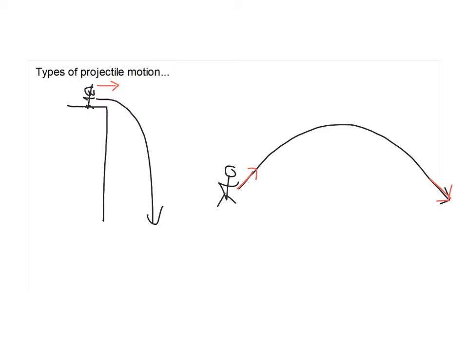When we're talking about this type of motion, my initial y velocity is 0, whereas when we're talking about the throwing type, my initial y velocity is whatever that component is, and my final y velocity is whatever that component is. And if I'm asked for things like maximum height, my y velocity there is 0, just like if we were throwing something straight up and down.